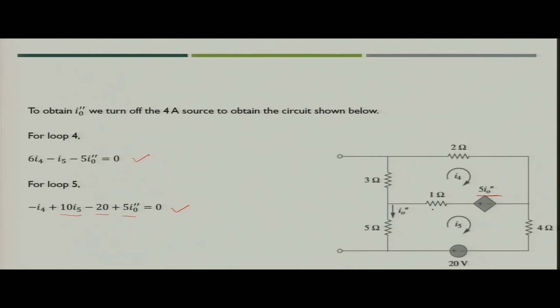So why minus of I4? Because the current flowing through the 1 ohm resistor, for I5 is in this direction and for I4 is in the opposite direction. So minus I4 is because of this 1 ohm resistance, 10 I5 because there are 3 resistances of total value 10 ohm, minus 20 for this voltage source, and plus 5 I naught double dash for this dependent voltage source.